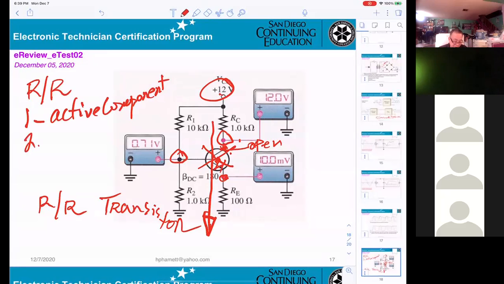Number two, then you can do capacitor, inductor. Number three, resistor. The thing is, a capacitor can get a problem more easily than a resistor. Active component. How much do you understand about active components?